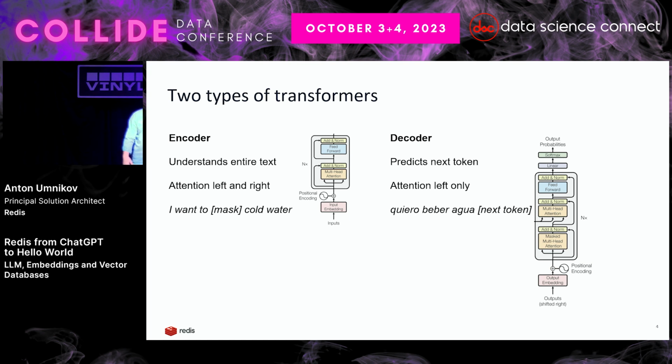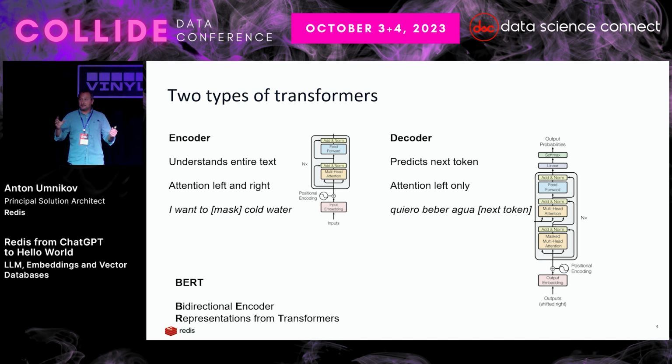But an interesting thing happened right after the paper was published in late 2017. People started to use these transformers independently. The encoder transformer is trained to understand the entire semantic meaning of the body of text that you feed in. The way it's trained is they mask a random word within the sentence or paragraph and let the machine predict that word.